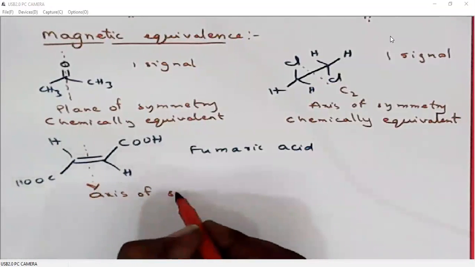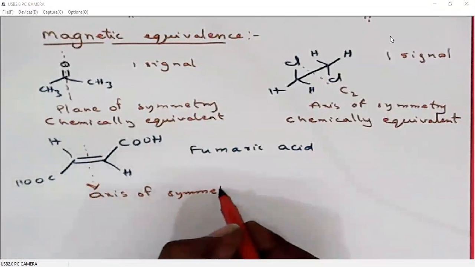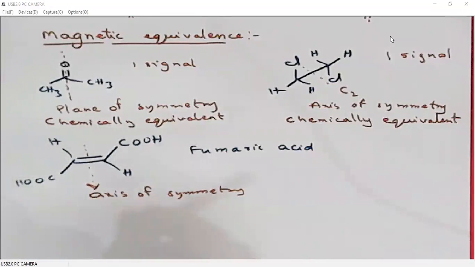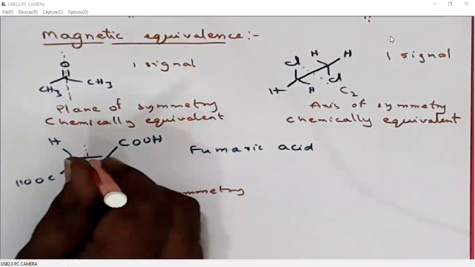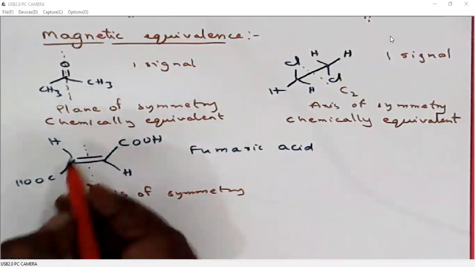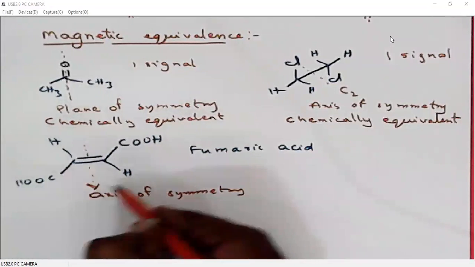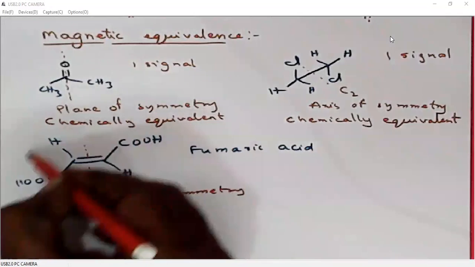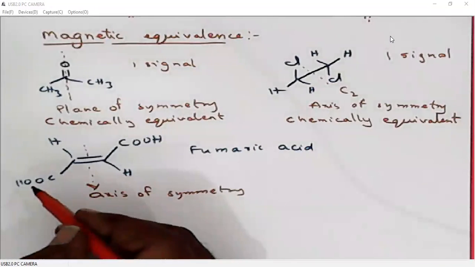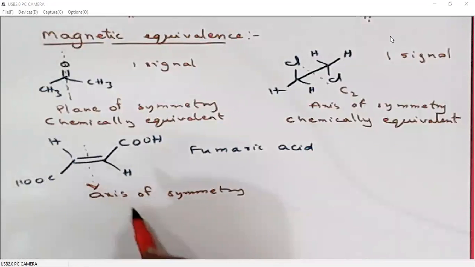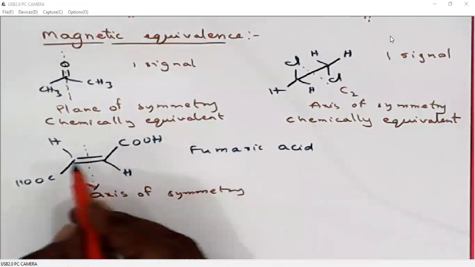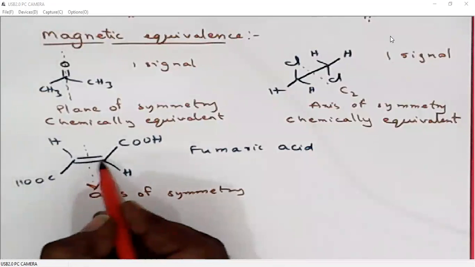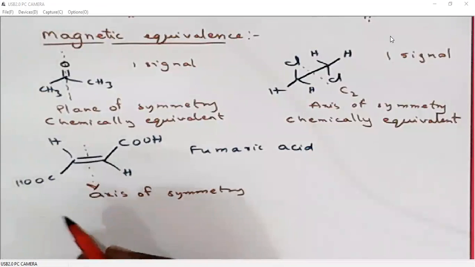Take an axis C2 in perpendicular direction to the plane. So when we rotate, this carboxylic acid will occupy this place, this carboxylic acid will occupy this place. So as a result, we can say in fumaric acid, the two carbons are chemically equivalent.